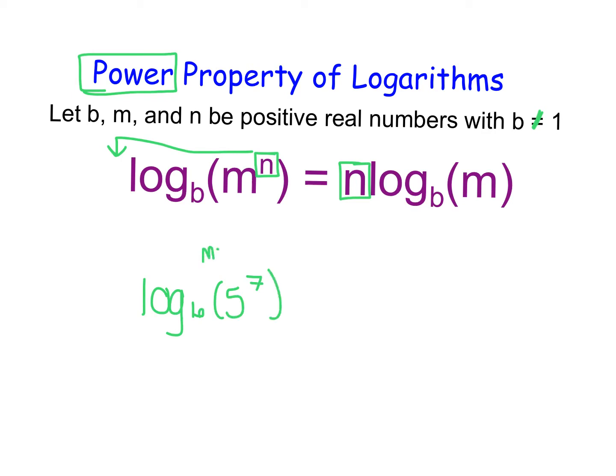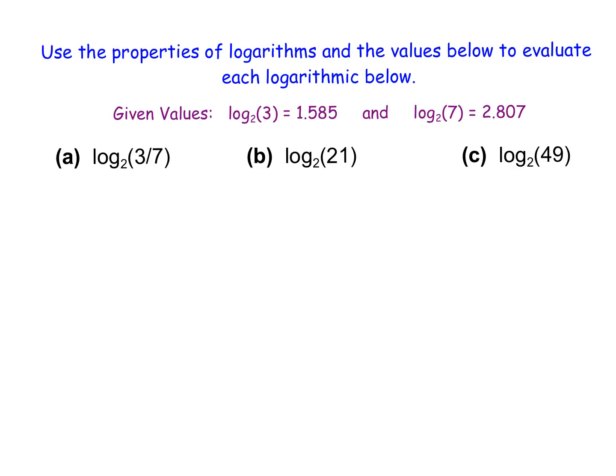In this case, again, m is 5 and n is 7. We can take the 7, the exponent, and bring it out in front. So we would have 7 times log base 6 of 5. It's another property we can use to rewrite our logarithms. So let's try to test these out. Here it says to use the properties of logarithms and the values below to evaluate each logarithmic expression.